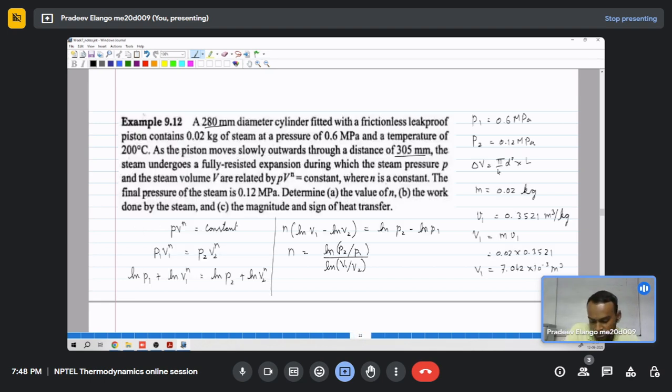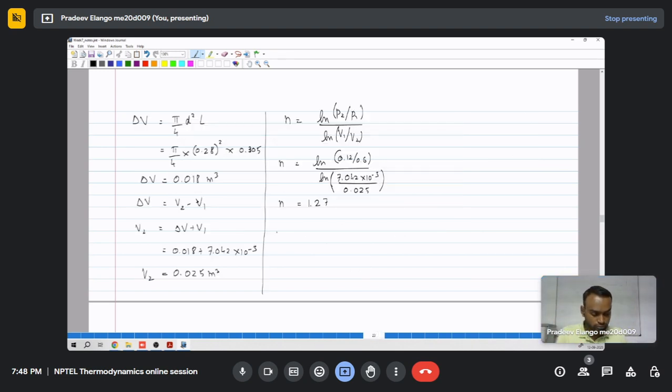Now we need to calculate the work done by the steam and the magnitude and sign of the heat transfer. Any idea how we can do this using the concept that we have learned earlier? We can take work done from the polytropic process.